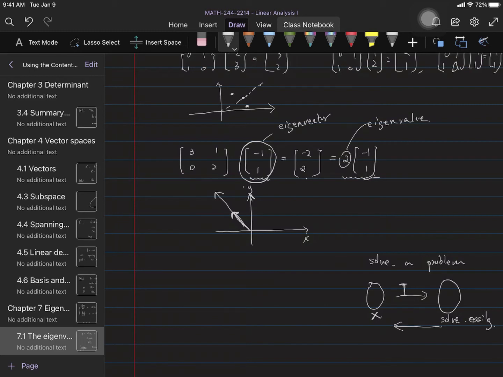It just means that under a linear transform, AV is a scalar times the same vector. It doesn't change the position or direction of the vector. It only changes the length of the vector, so the vector still stays in the same position. This kind of vector is called an eigenvector.